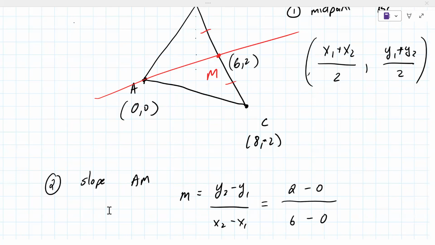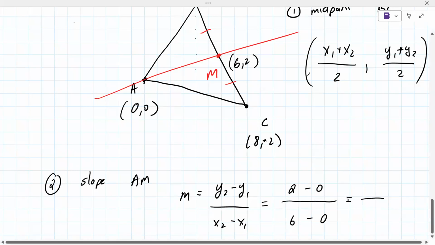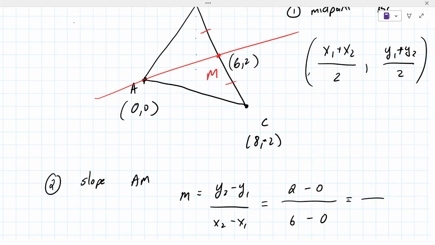3. Try again. What do you have on top? What do you have on bottom? 2 is on top.